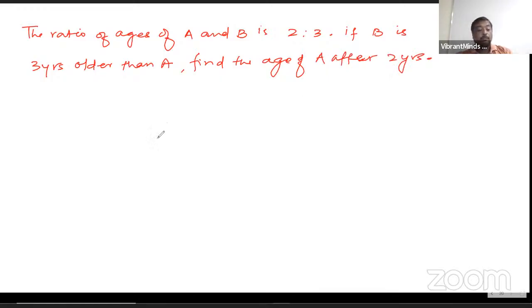Now see, let's consider the ages of A and B as 2x and 3x. And the difference is of 3 years.